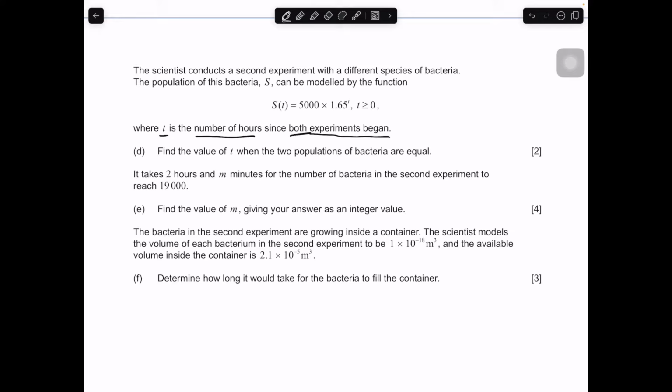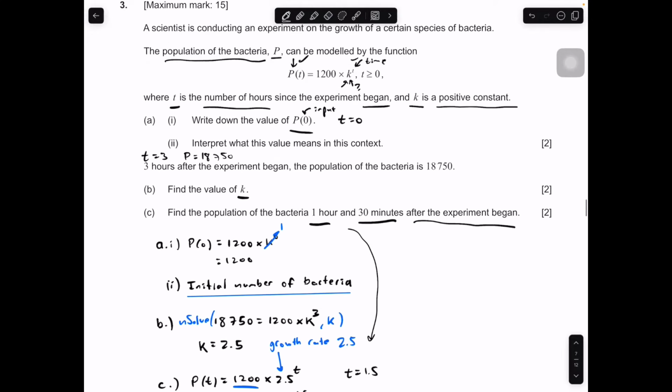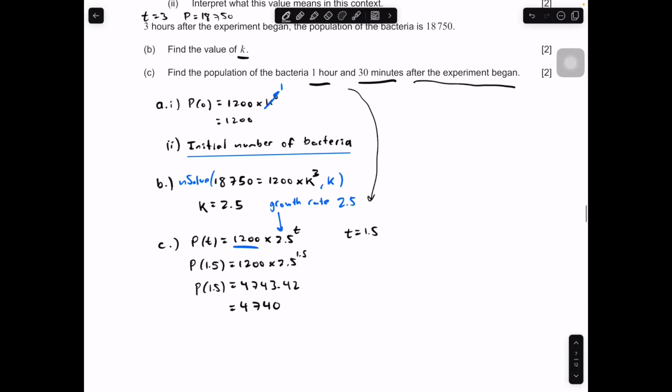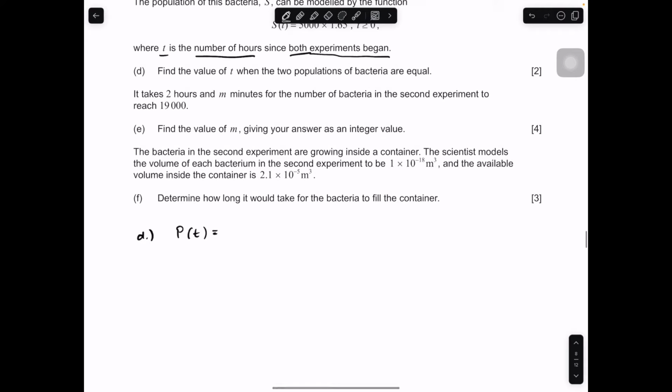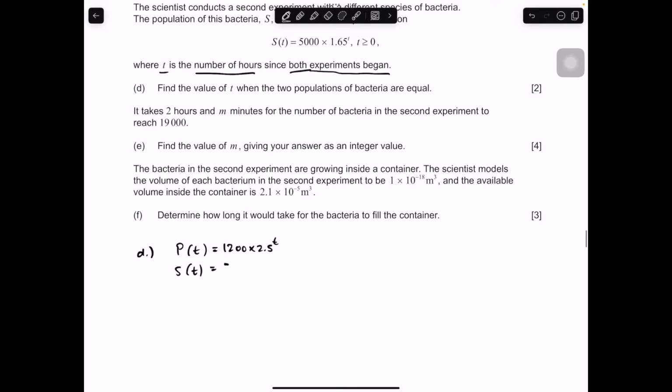So let's go and write d right here. We have this original population, this function of P of t, 12,000 times 2.5 to the t. And this other experiment, S of t, is equal to 5,000 times 1.65 to the t.